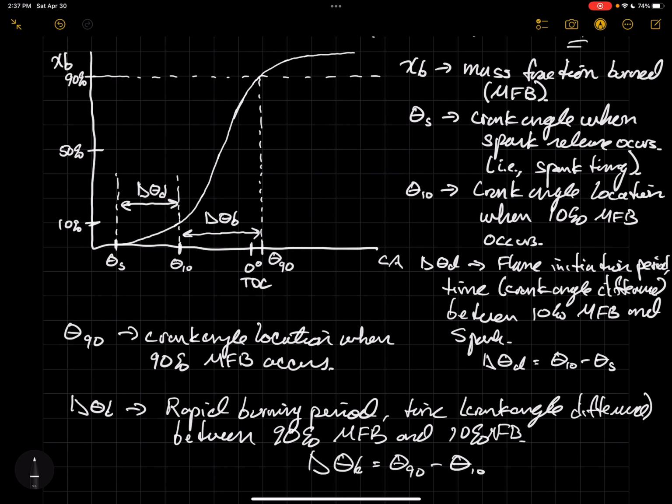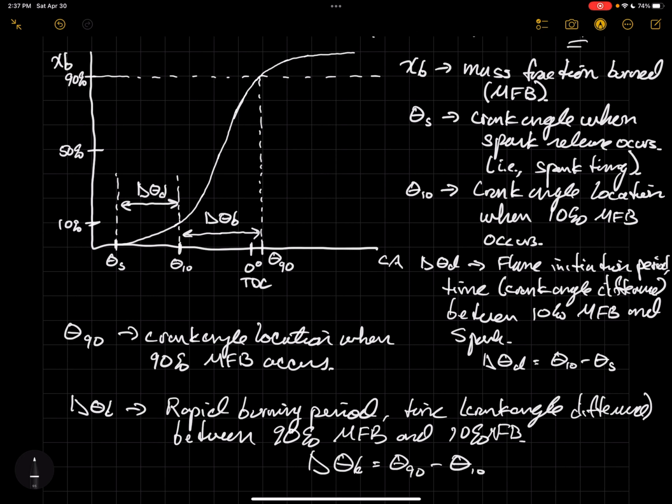Okay, and then, of course, the flame termination period is going to be from that point when we get to 90% mass fraction burned until we fully burn the fuel at 100% mass fraction burned. And for our purposes of what we're doing in Chapter 6, we're not so concerned with what happens during that 90 to 100% burn period.